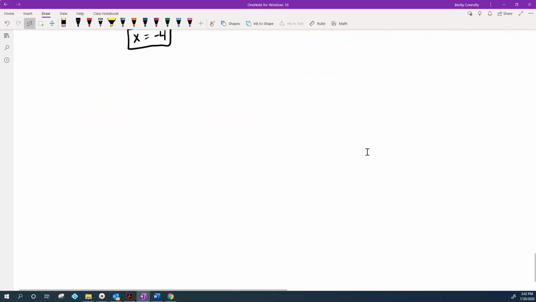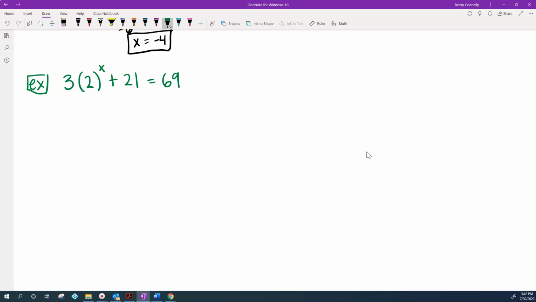All right. This one has just a lot of different types of questions in it, so let's look at a few more here. How about if we have this? Three times 2 to the x power plus 21 equals 69.